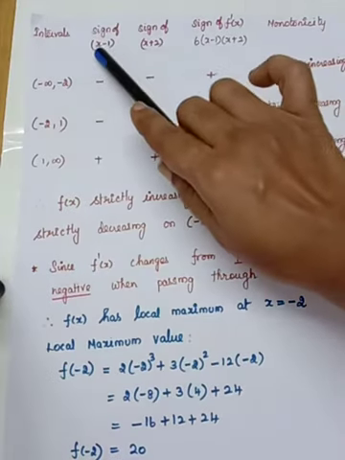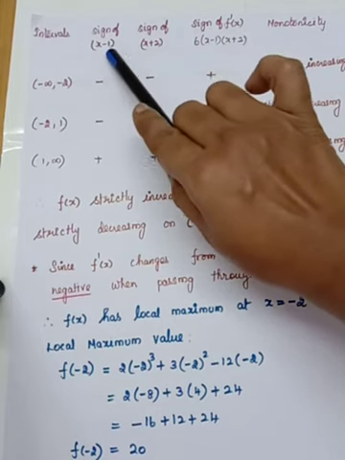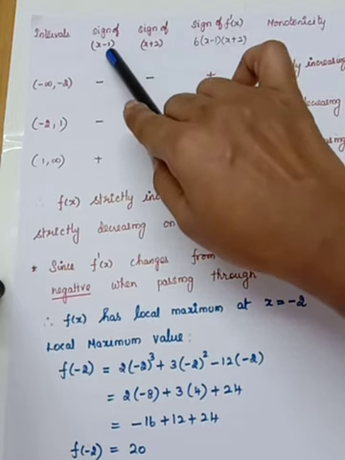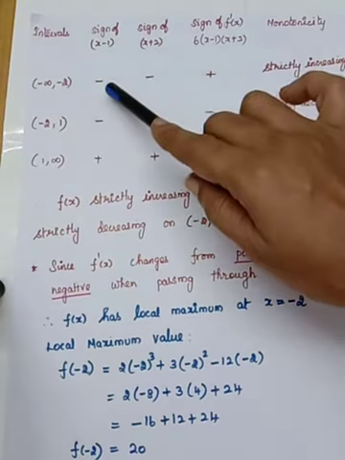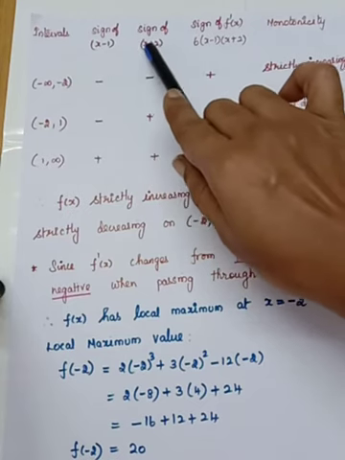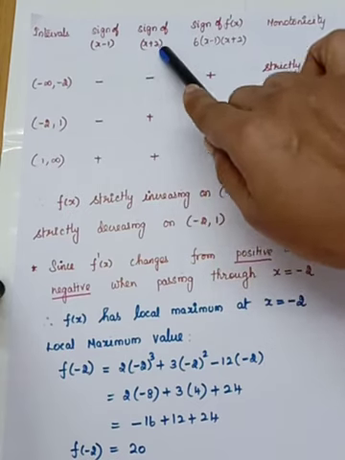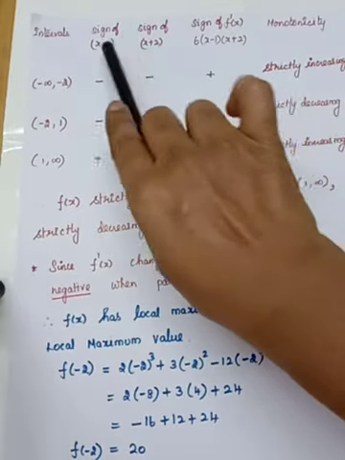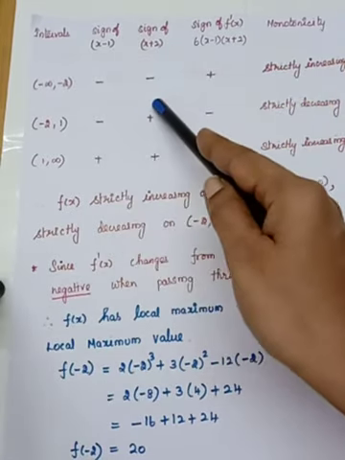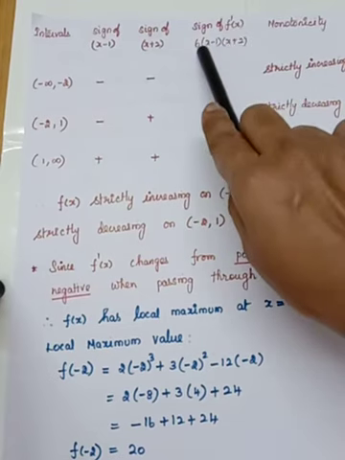When you substitute minus 3 here, minus 3 minus 1 is, what is it? Minus 4. You need not find the value; you have to check whether it is negative or positive. So here it is negative. Minus 3 plus 2, what has to come? It is negative. Here I have written the product of these two: minus into minus is plus, and here 6 also plus.